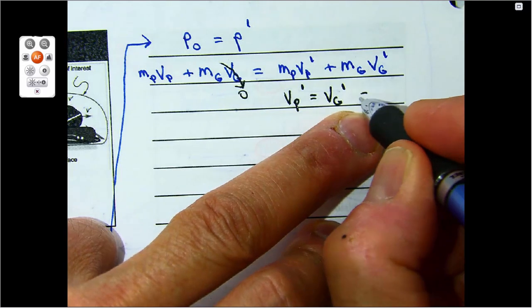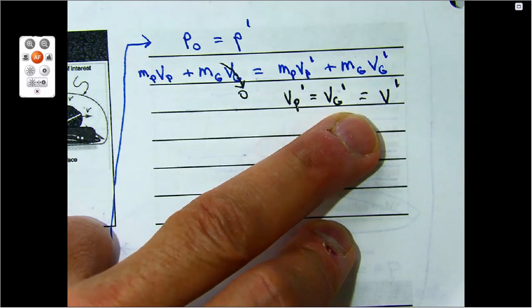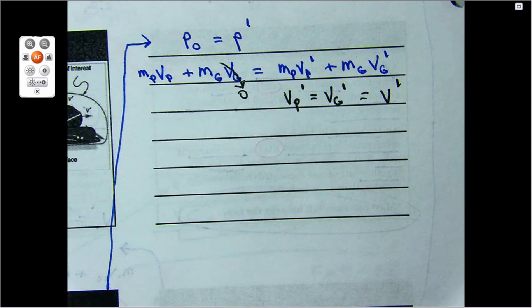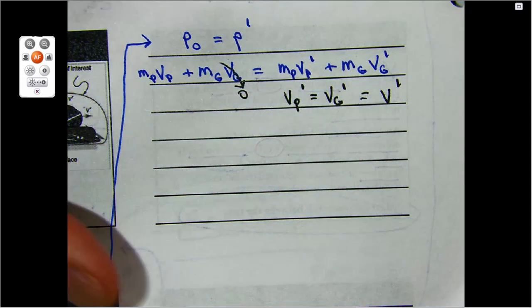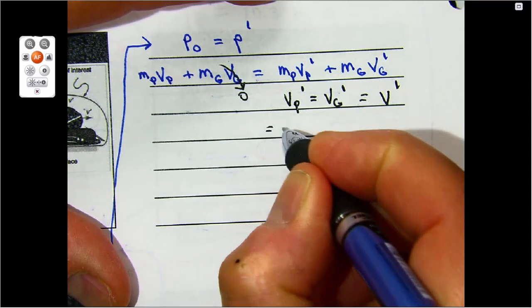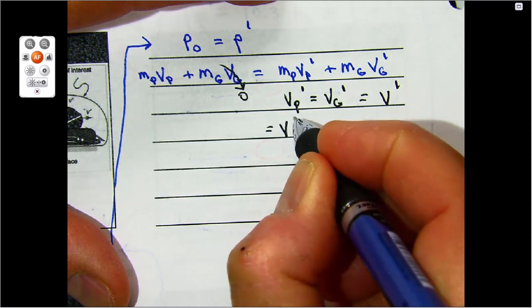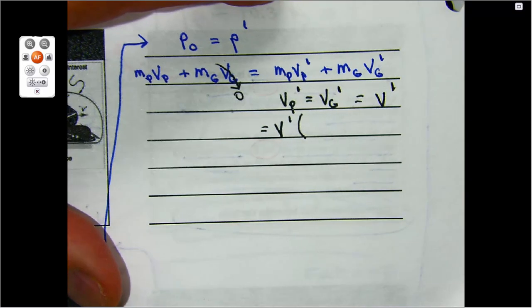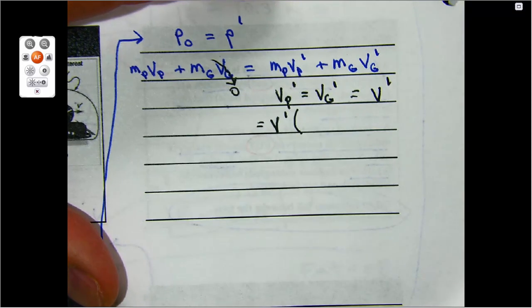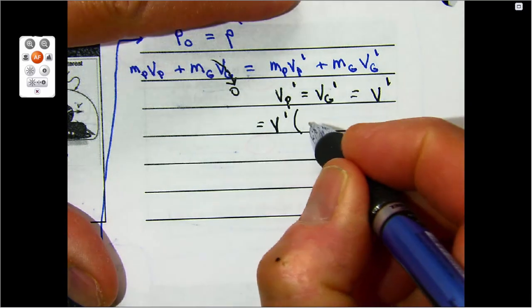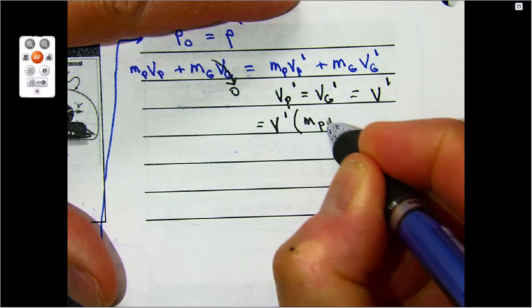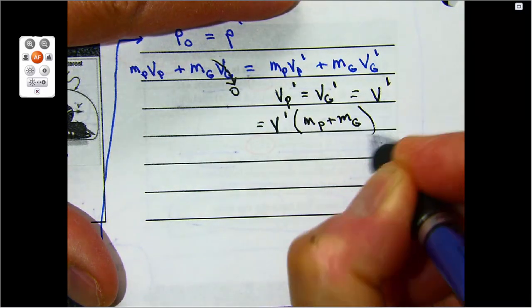Let's just use V prime then, and we're going to factor it out. So V prime is multiplied by the mass of the puck plus mass of the goalie, right? It's the same velocity.